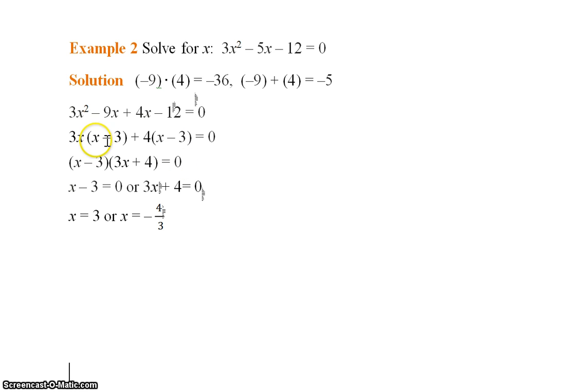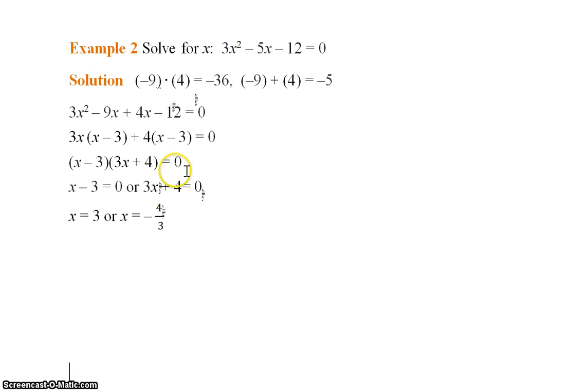You see that x minus 3 is the greatest common factor of these two terms. You can factor out x minus 3, and in brackets you will get 3x plus 4. The left side of the equation is written now in factored form.